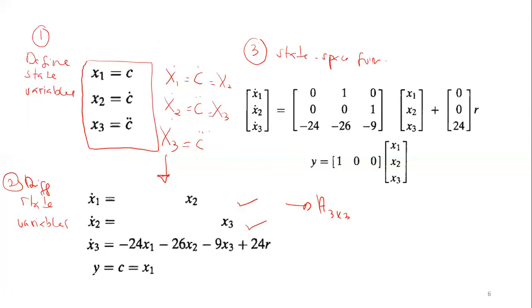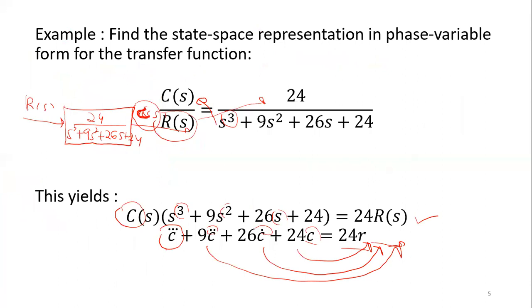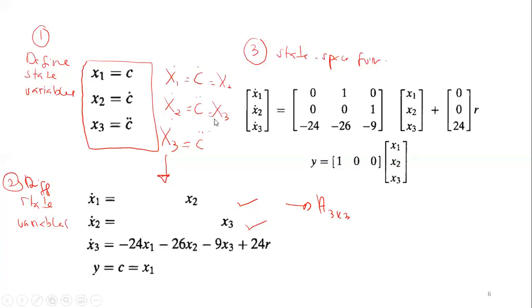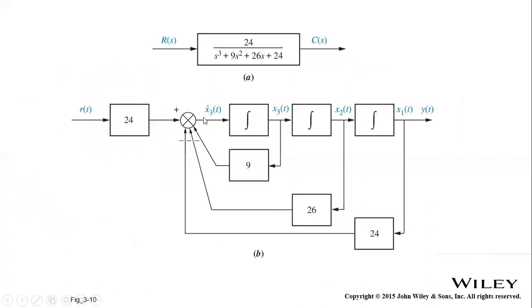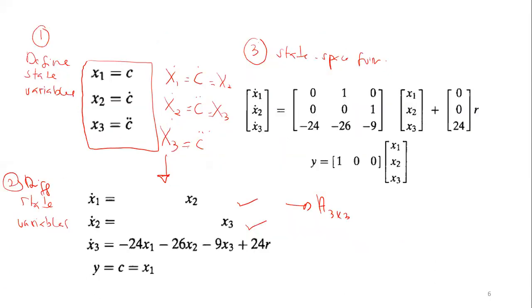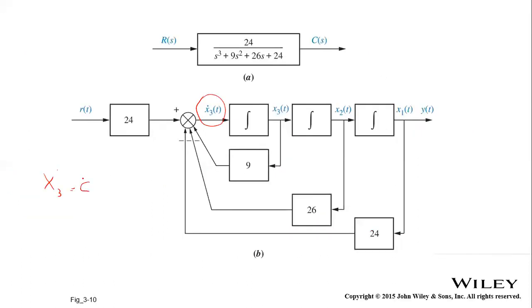What happens here is that you have S to the power of 3 here, you have x3 dot. The transfer function has S to the power of 3, so you have the C signal that is differentiated 3 times. You know that x3 dot here is equal to c triple dot.